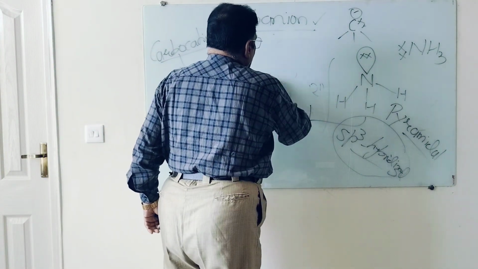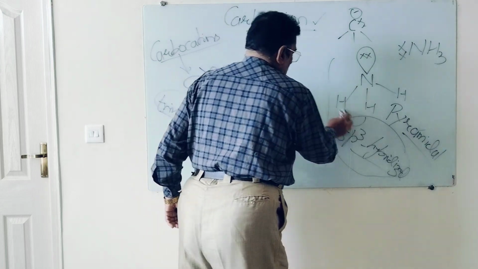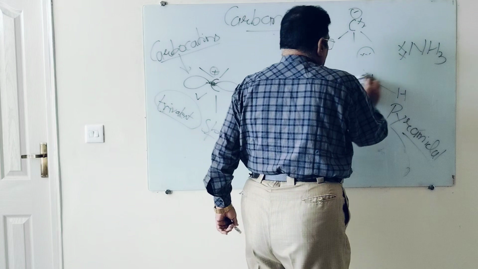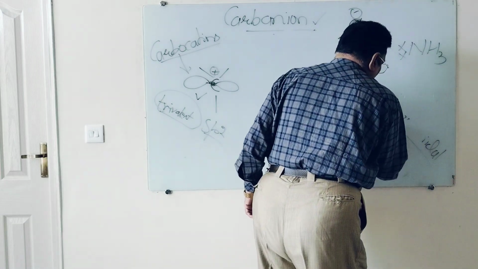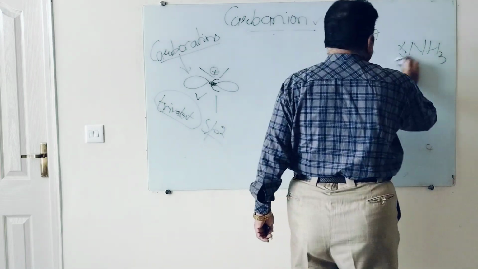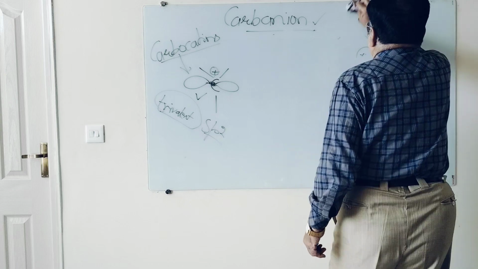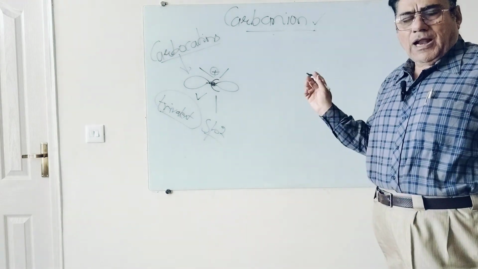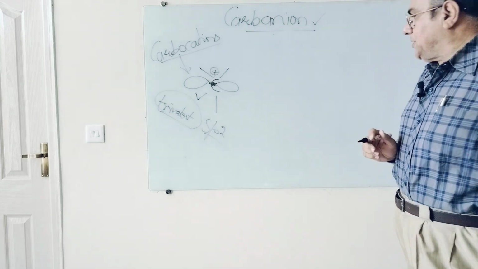Once again I will say, whenever we talk about carbocation, only one hybridization, sp2, will remain. But in carbanion, that was the example of sp3.